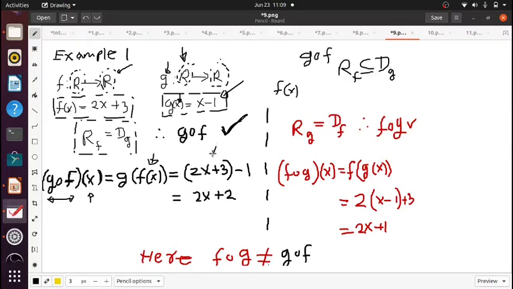I think you have done several examples on this without knowing what a composite function is. Earlier it was x minus 1. Now for x you have to put f of x. So I have written here 2x plus 3, and you have minus 1. The answer is 2x plus 1. So this is g by f.